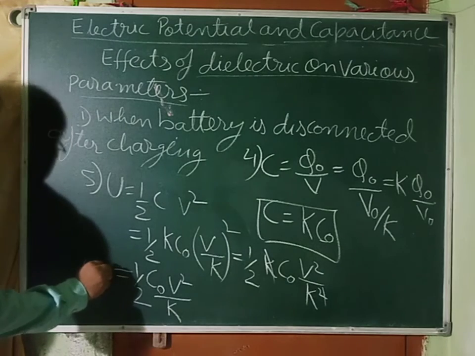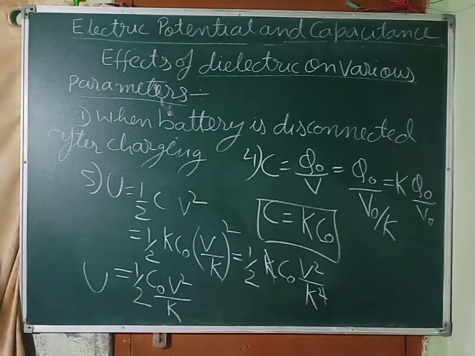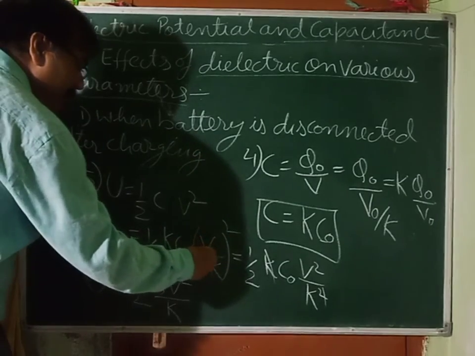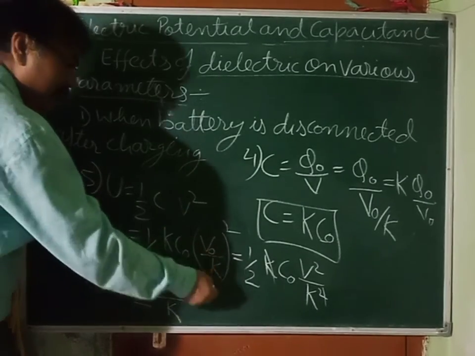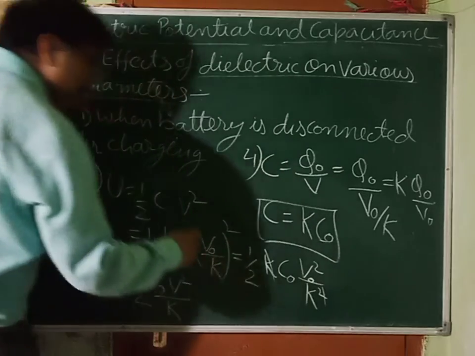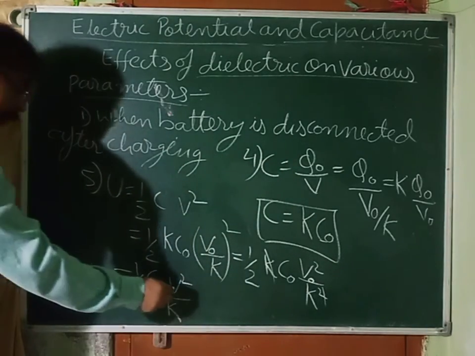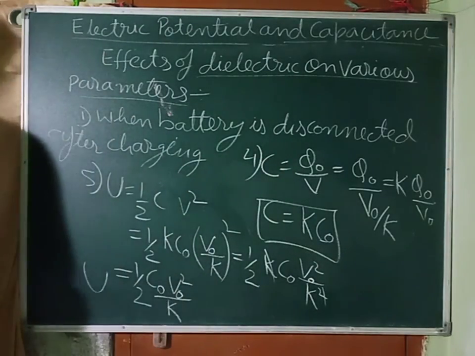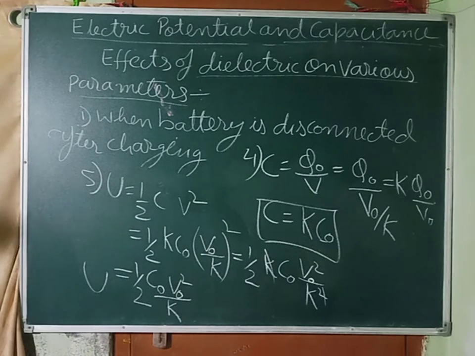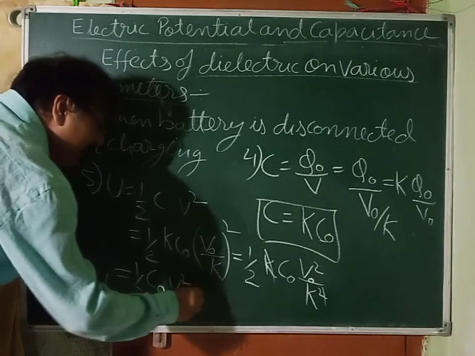So what do you find? Rather, it is not V, it is V naught, no? Because V is V naught by K. So it is V naught. Now what was the initial energy? Half C naught V naught square. So can we write it like this?